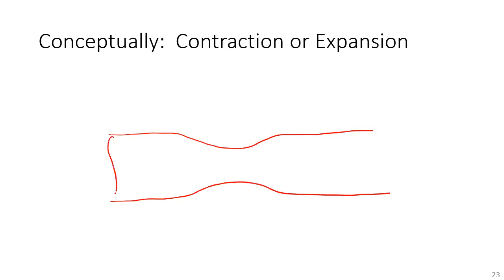So let's look at something that looks like this. When you draw this, leave space above and below this pipe. So this is a pipe.